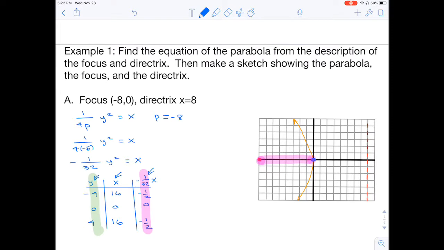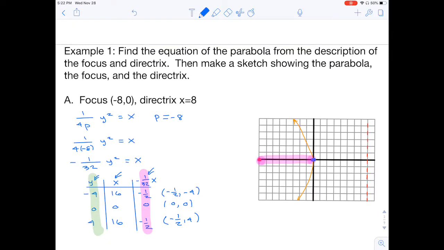So the points I'm going to be graphing on here are -1/2, -4, 0, 0, which is already graphed, and -1/2, oops, that's a -1/4, -1/2, 4. So those are going to be the 3 points that I'm going to accurately graph.